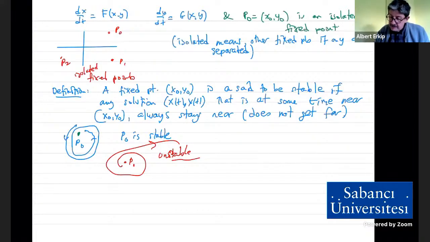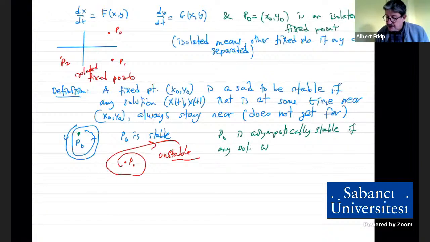There's another one: P0 is asymptotically stable if any solution which starts near P0 tends to P0 as t goes to infinity.